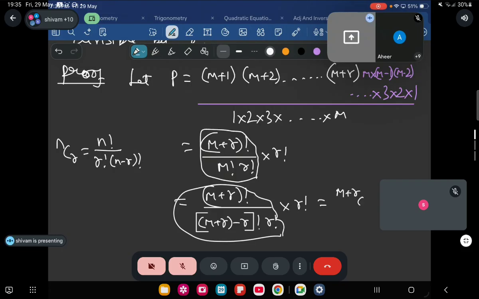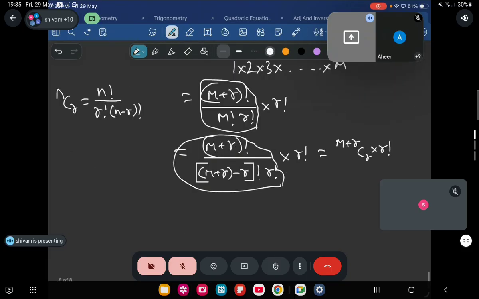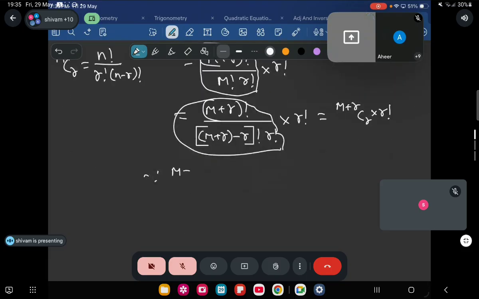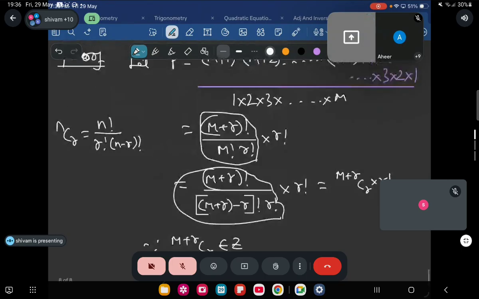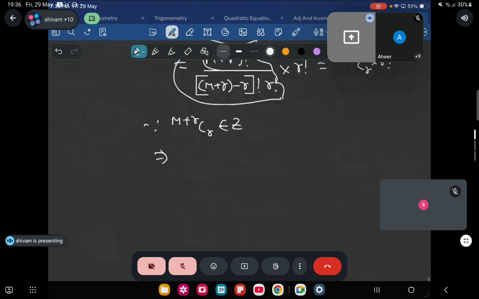Tell me, are people getting? Multiplied by r factorial. Now since m plus r Cr belongs to integers, can I say that this is divisible by r factorial? This implies the product is divisible by r factorial.